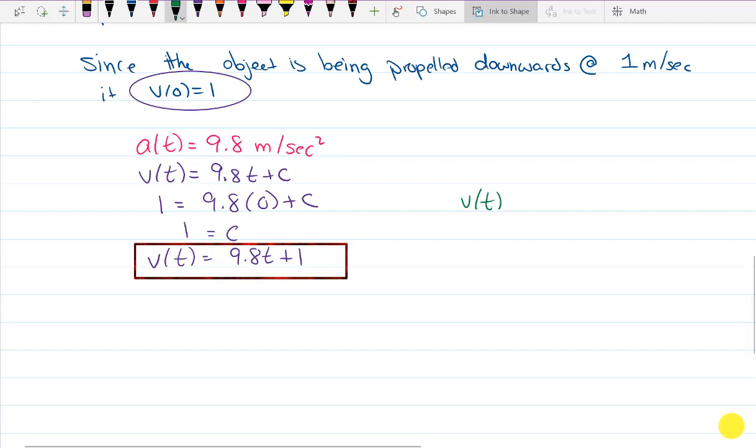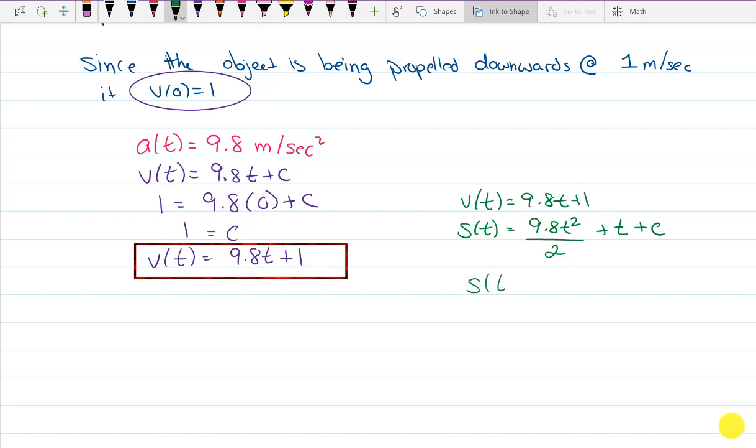Well, we have v of t is 9.8t plus 1. So s of t is 9.8t squared divided by 2 plus t plus c. This is because the antiderivative of a constant is just t. So we get s of t is 4.9t squared plus t plus c.